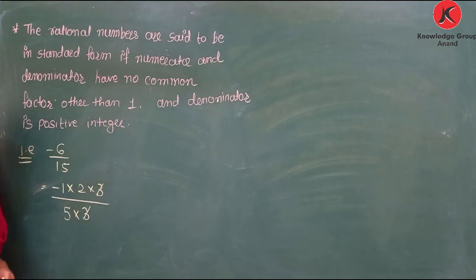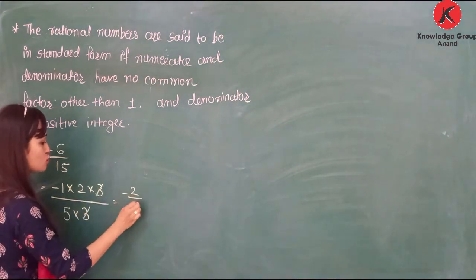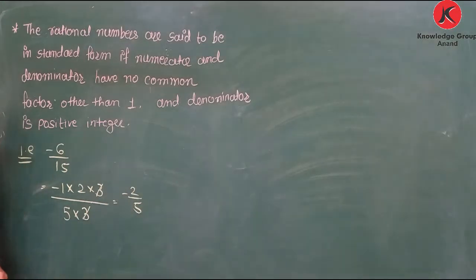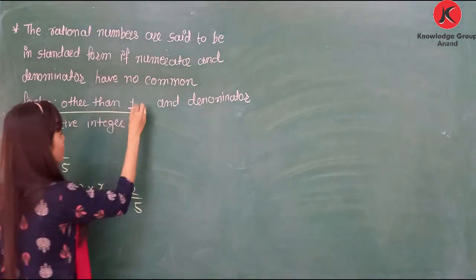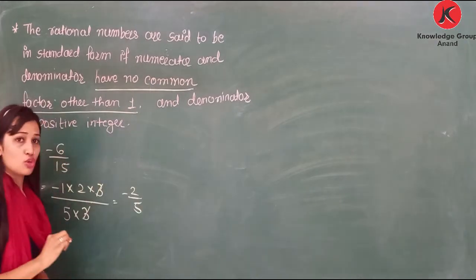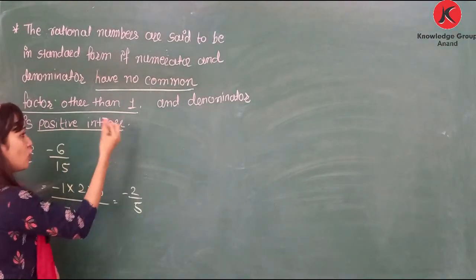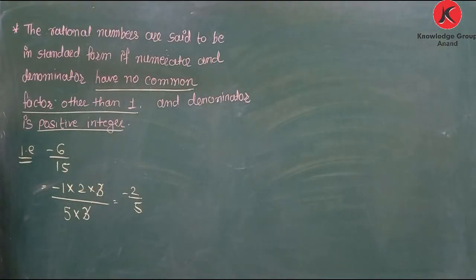Cut the common factor 3. So it is minus 2 by 5. Now 2 and 5 do not have a common factor other than 1. So this is a standard form. Both conditions are satisfied: the common factor is only 1 and the denominator is a positive integer.